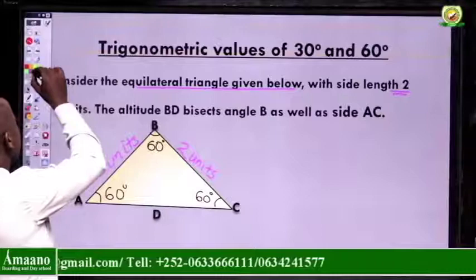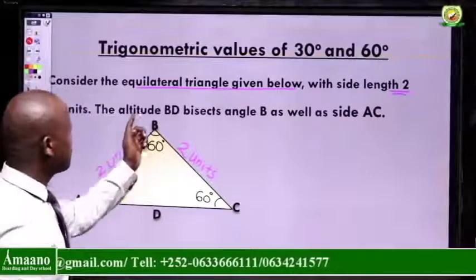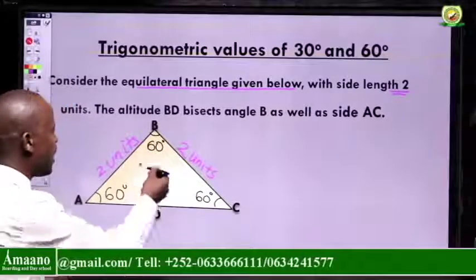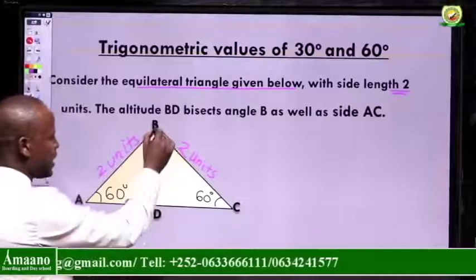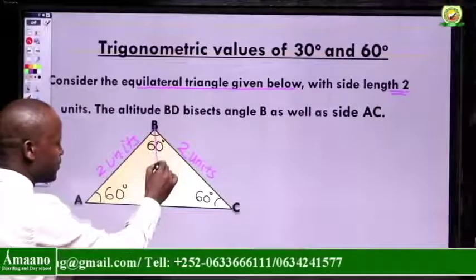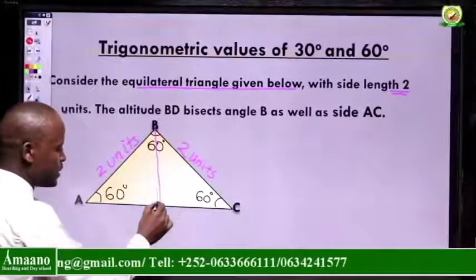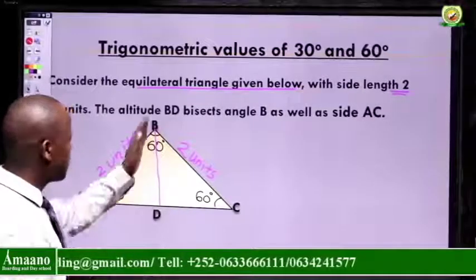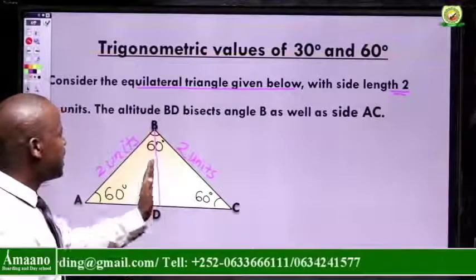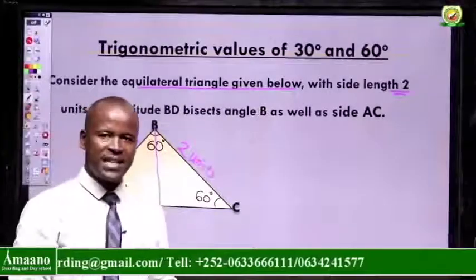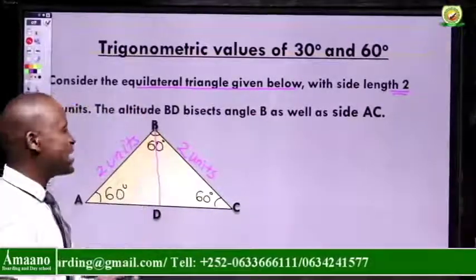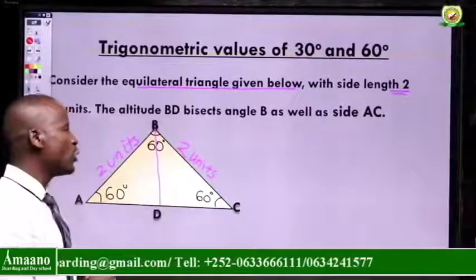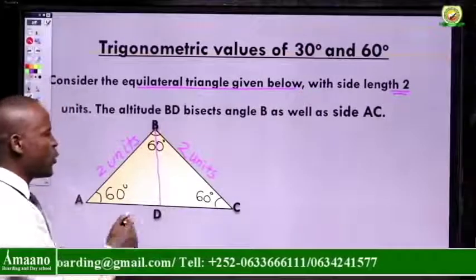Again it says the altitude BD, or the height BD, is the line drawn from vertex B to point D on side AC. This altitude bisects angle B. Bisects angle B means it divides angle B into 2 equal angles.